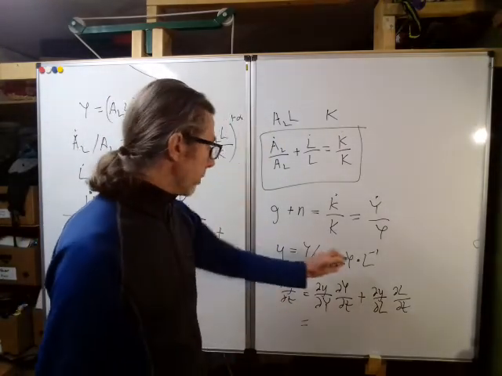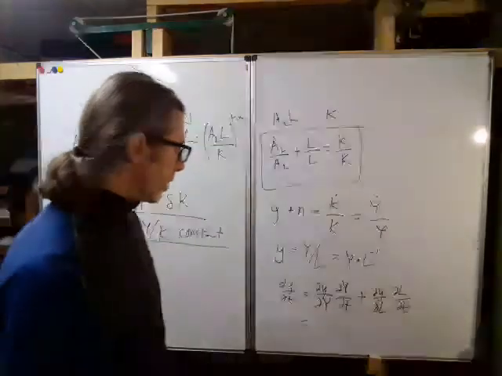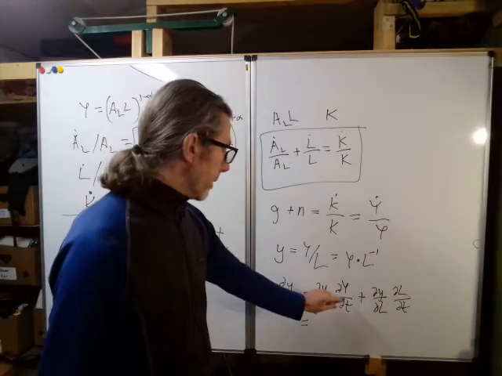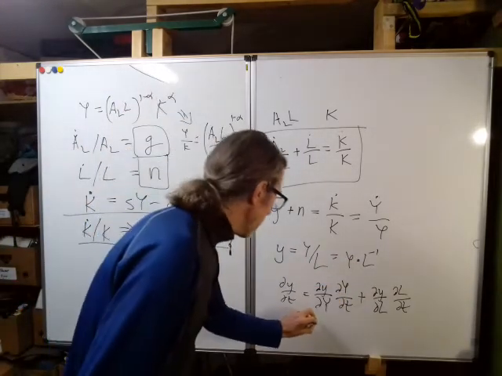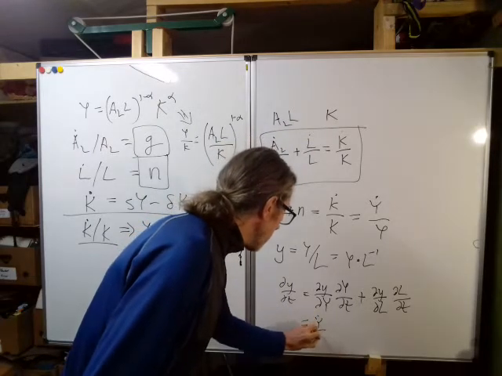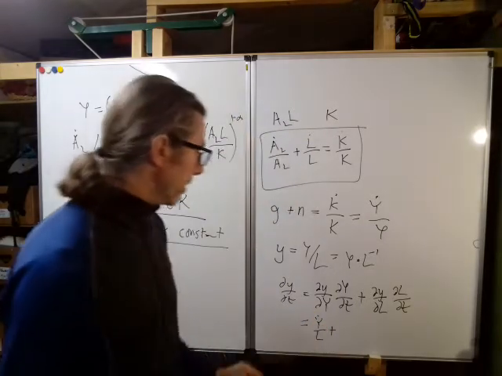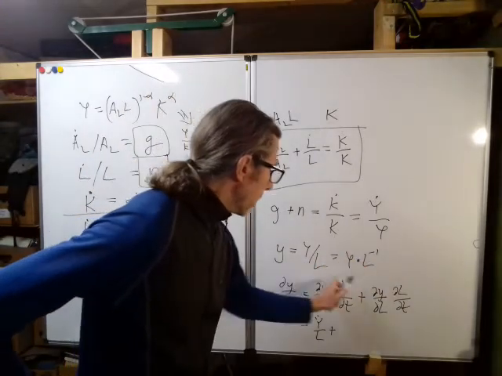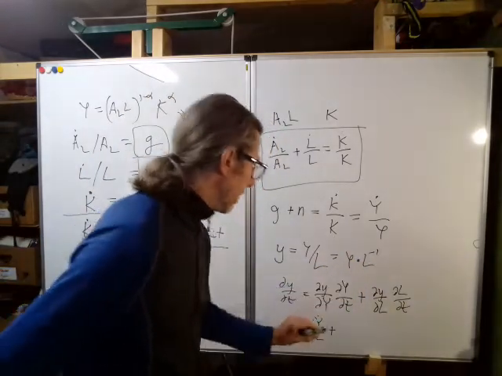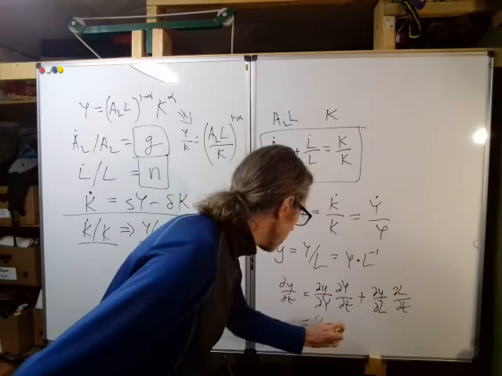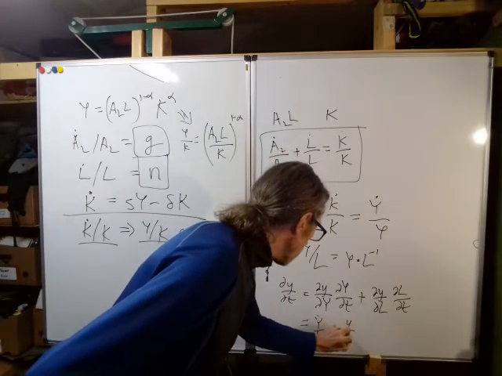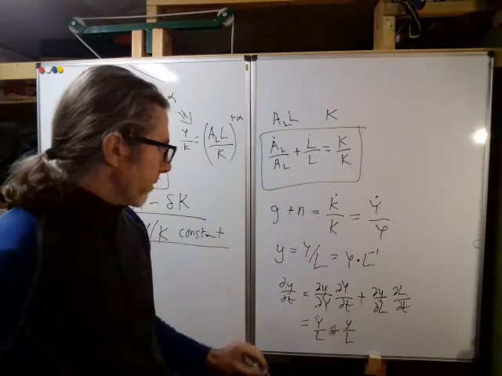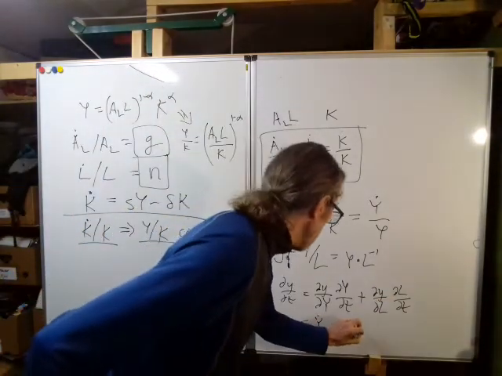So what's the little y by the big Y? That's L to the minus 1. What's the big Y by dt? We just call that Y dot. So it's Y dot over L, plus the little y by dL, that's minus little y over L, doing it as economists. The L by dt is L dot.